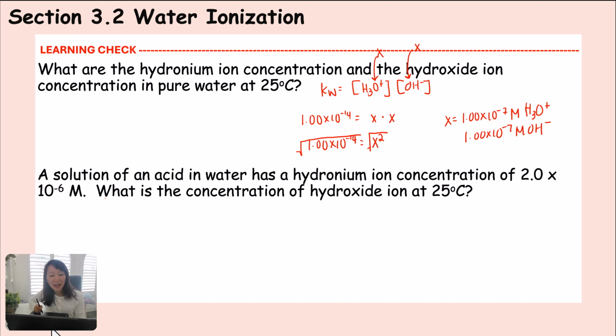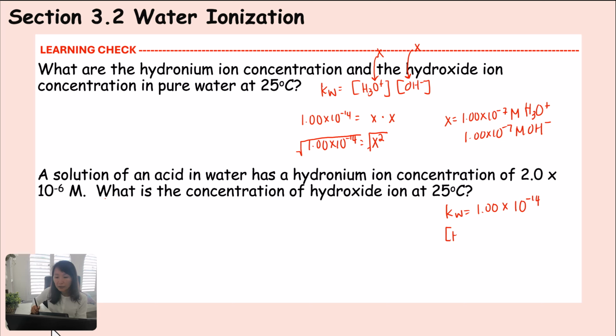A solution of acid in water has a hydronium ion concentration of 2.0 times 10 to the negative 6 molarity. What is the concentration of hydroxide ion at 25 degrees? So we know that Kw is equal to 1 times 10 to the negative 14.